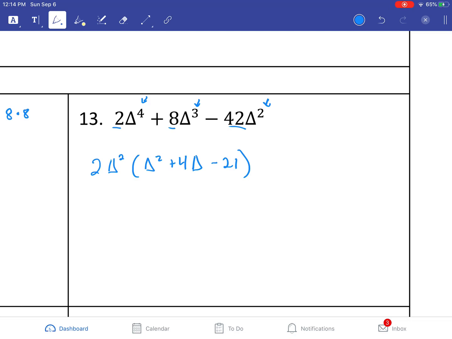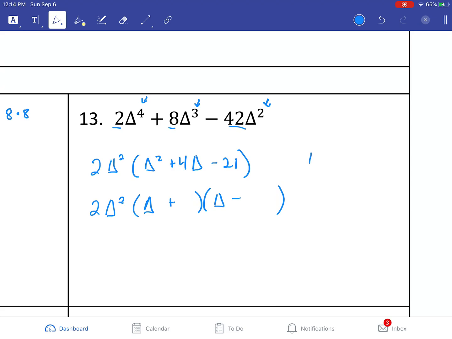So now what we have left in the parentheses, we can try five steps to factoring, because again, there's no term in front of the triangle squared that's in the parentheses. We're going to rewrite the 2 triangle squared on the outside, because it's still part of the problem. And then start doing five steps to factoring. So we got triangle and triangle. Drop the first sign as a plus. What times a positive gives you a negative? That would be a negative.